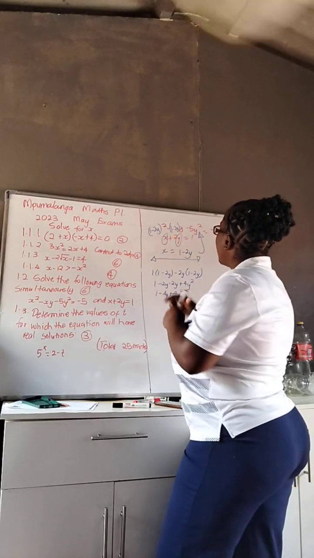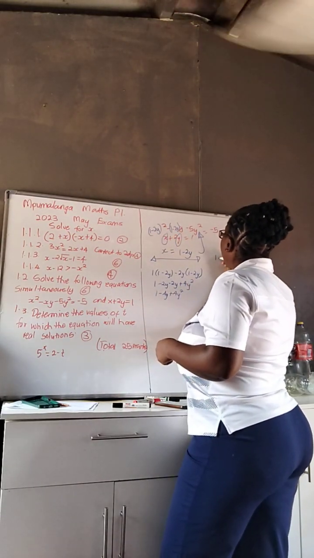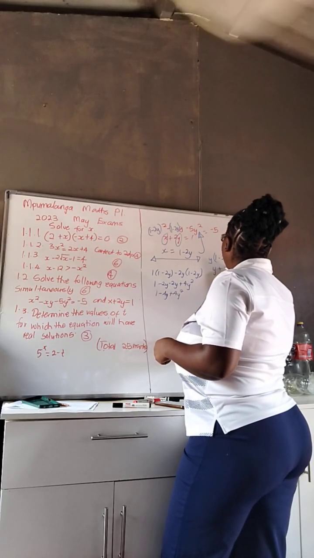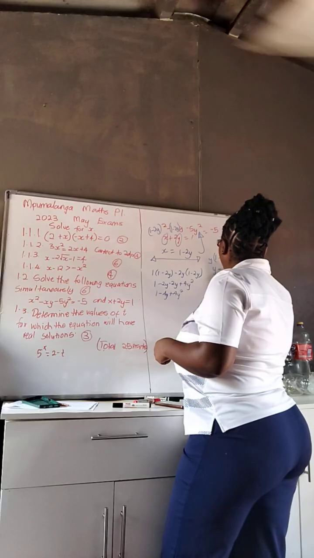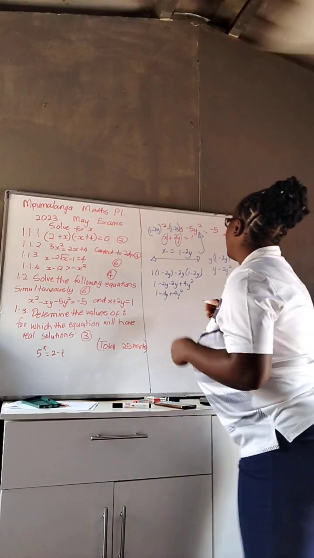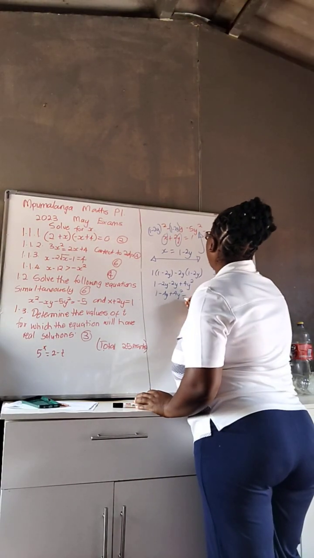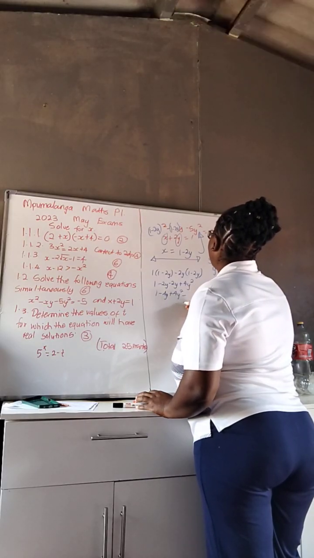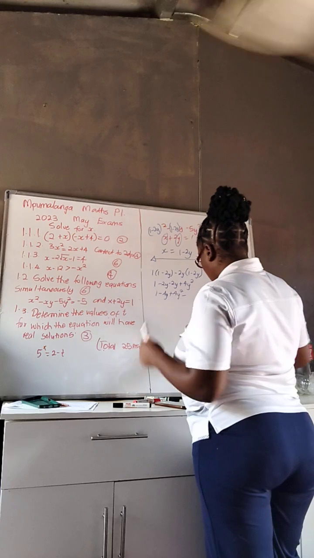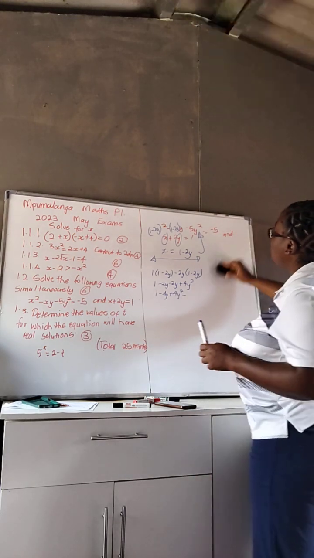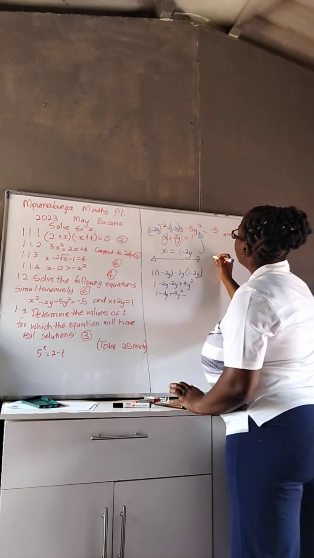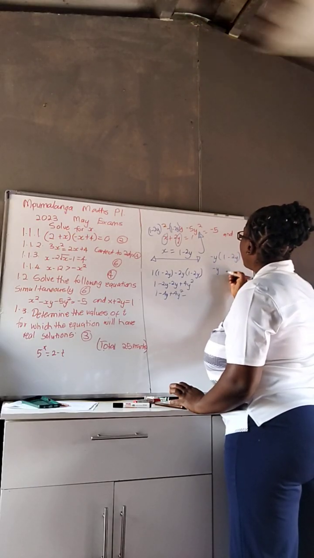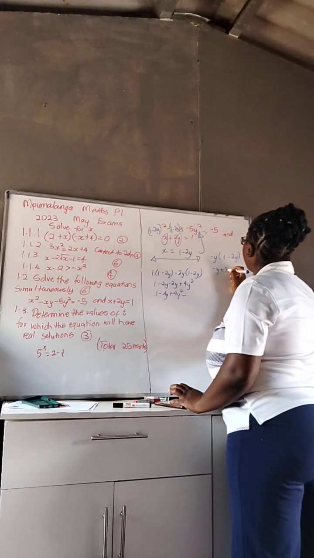And then here I have 1 minus 2y multiplied by y. Okay, let me take it back to the side. So it's minus y(1 minus 2y), so it's going to be minus y plus 2y squared.